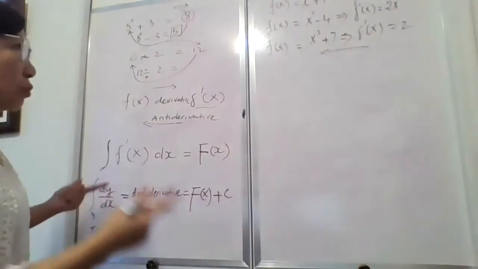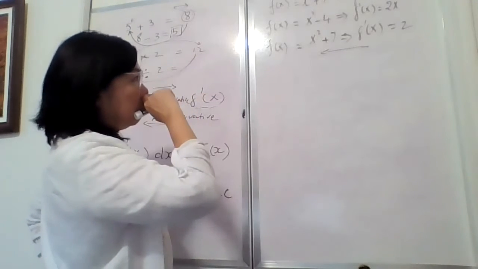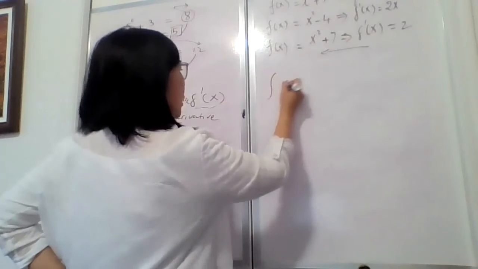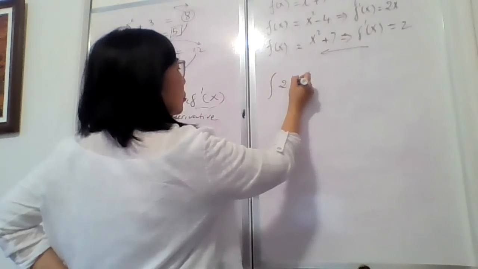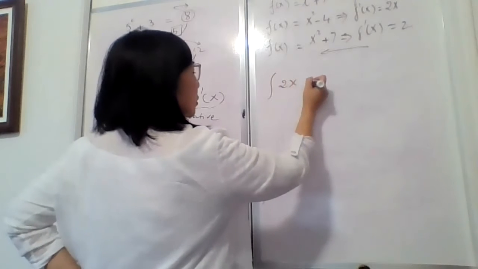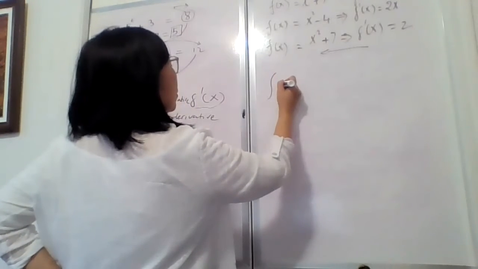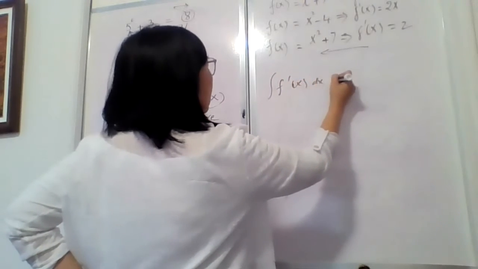So basically, if we go backward, right? At this point, we will say, okay, so if we take the antiderivative, we integrate the function 2x. Let's say we integrate the function f prime x, right? f prime x dx.